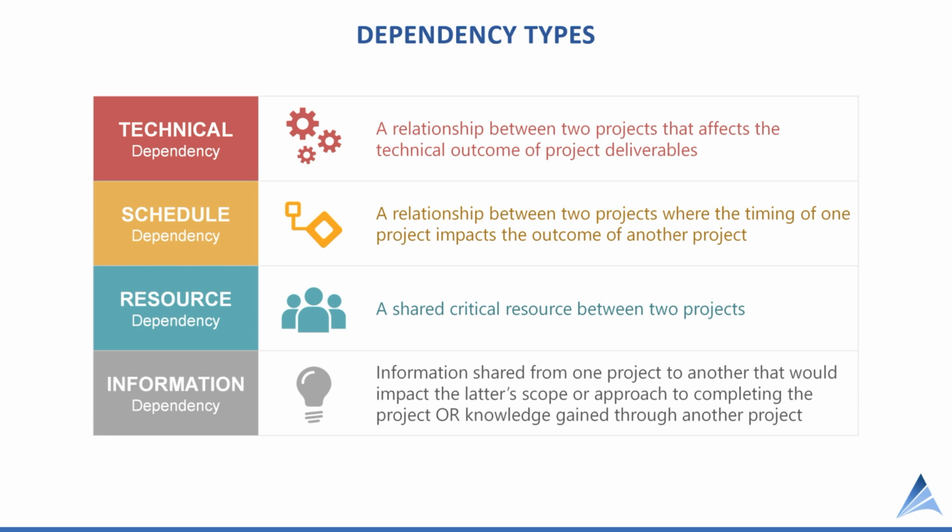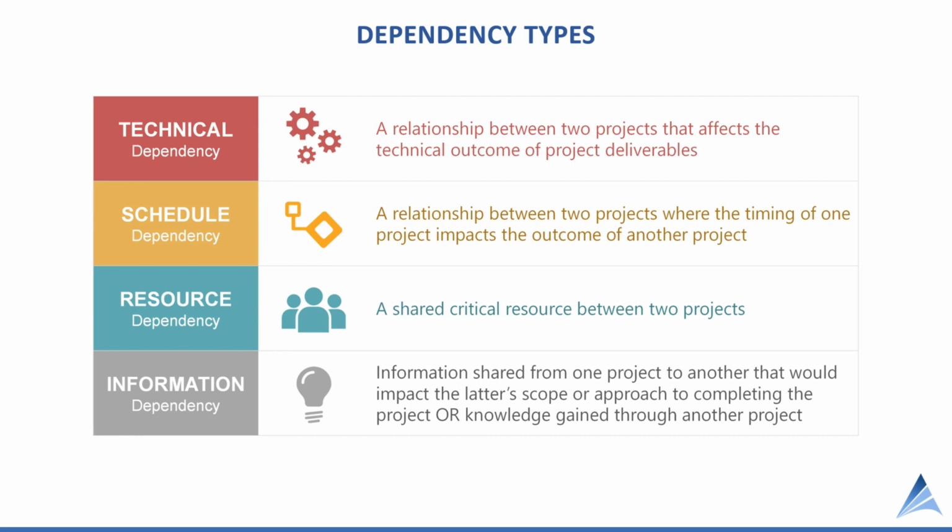implementing a new piece of enterprise software and retiring the old system. We can't retire the old system until the new system is in place. These could be two very different projects. One project is focused on implementing the new enterprise system.